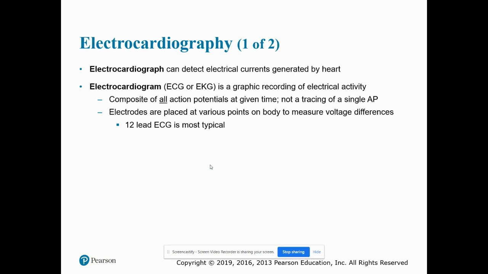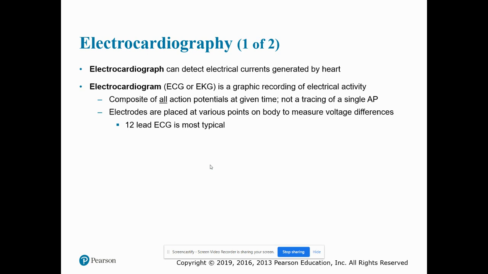And then we're going to talk about electrocardiograph. An electrocardiograph can detect electrical currents that are generated by the heart. And then we talk about the electrocardiogram, and this is an actual graphic recording of electrical activity. This is also known as an ECG or an EKG, and you probably have heard of somebody saying they've had an EKG or heard it on TV, and that's what it is.